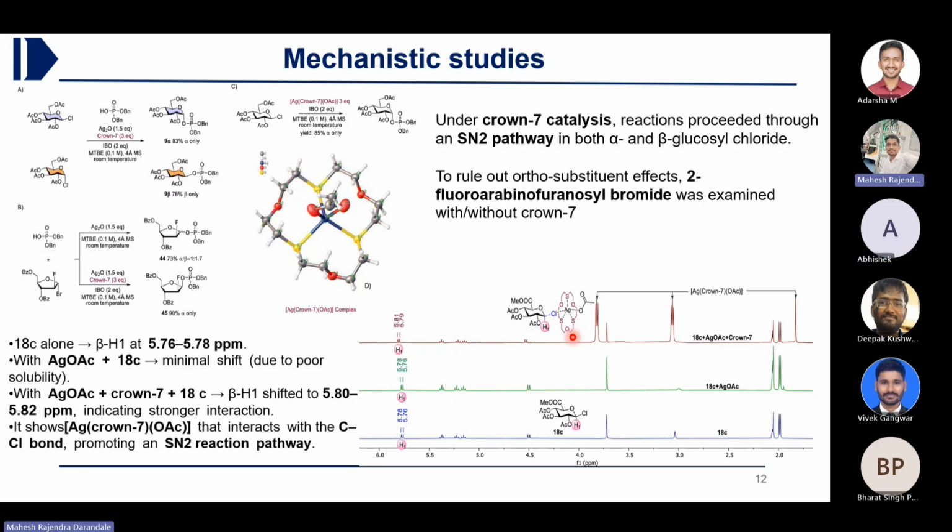Because of this coordination with the chloride, that hydrogen undergoes a downfield shift because of electron pull, and it shows values of 5.81 to 5.79 ppm.